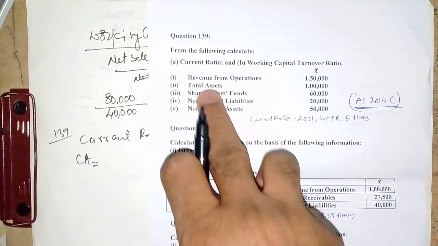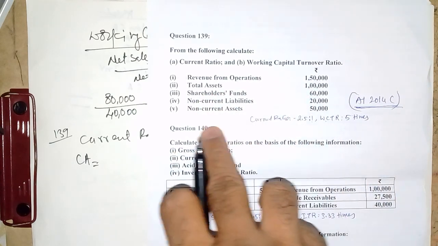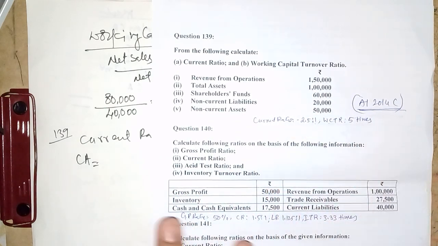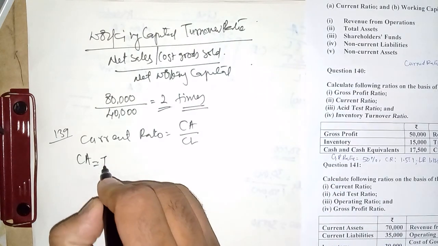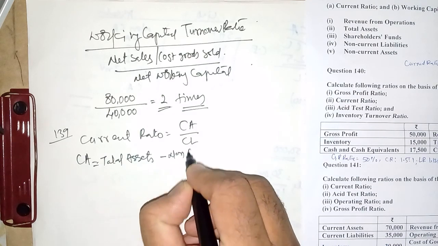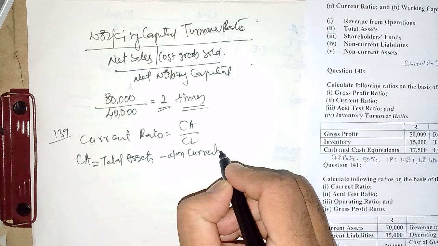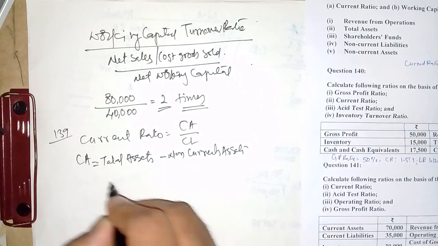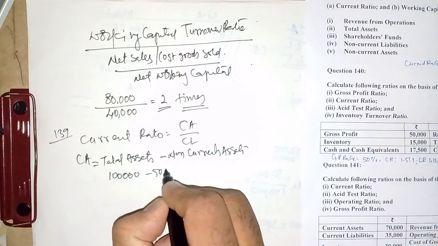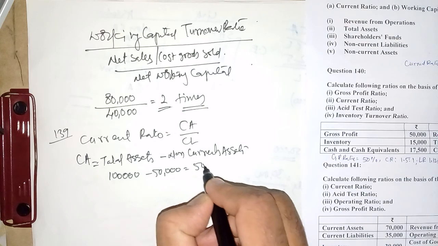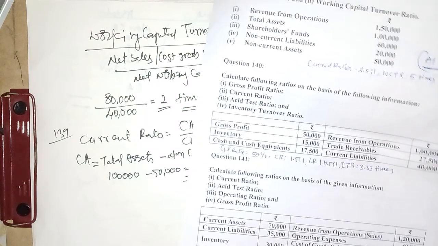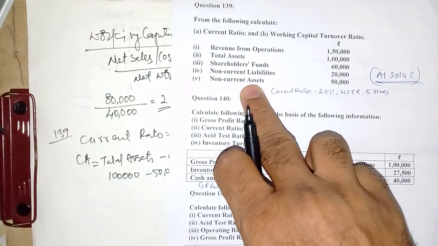Total assets are 1 lakh minus non-current assets 50,000, so we will get current assets. Total assets minus non-current assets: total assets come to 1 lakh, whereas non-current assets are 50,000, so 50,000 is our current assets, right?